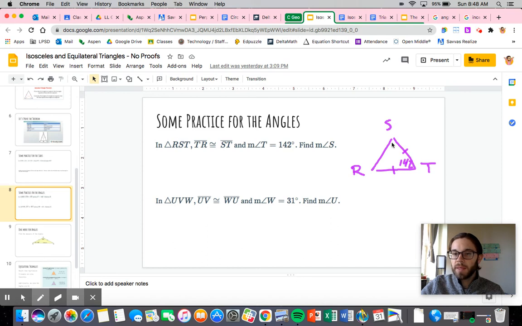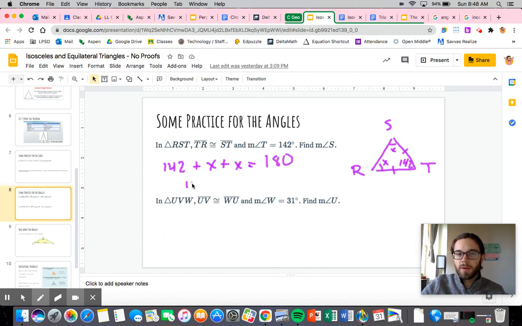Well, what do we know about these two angles? They're the base angles, so they are congruent. I don't know what they are, but they are the same. So if this one's x, this one's x, right? So I have that 142 plus x, and we know that all the angles of a triangle equal 180 when they're added together.